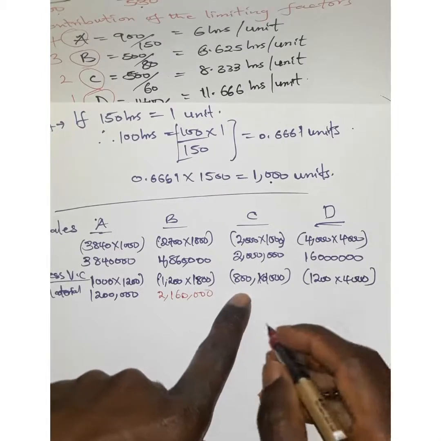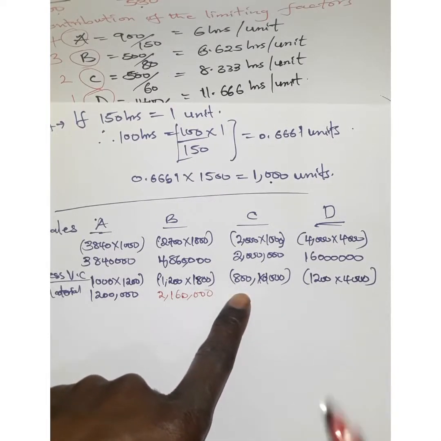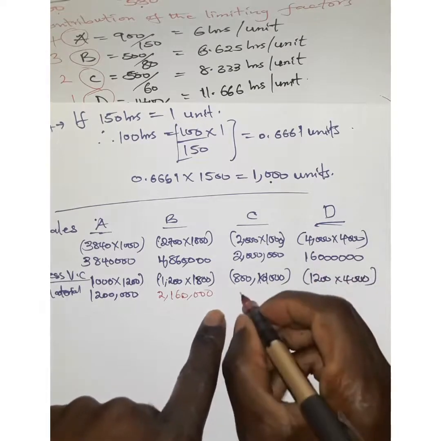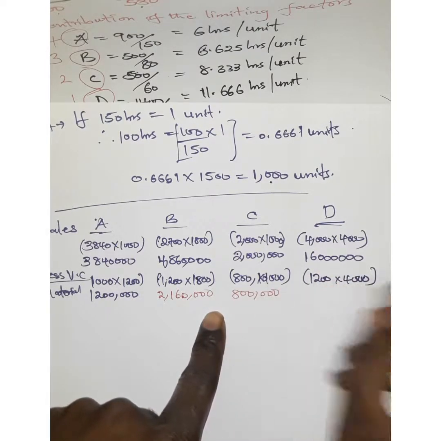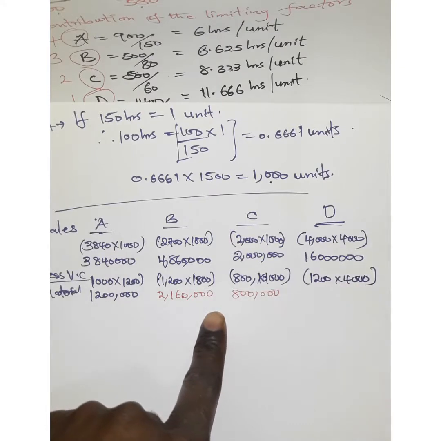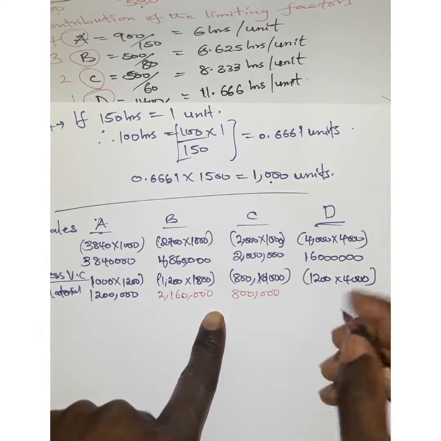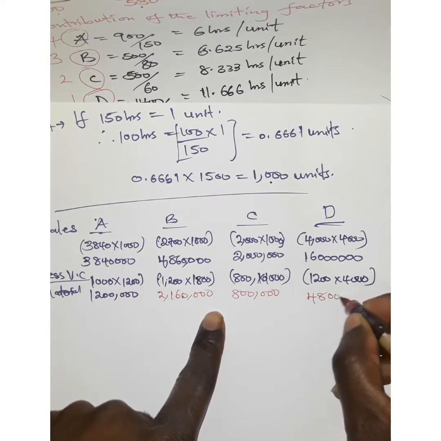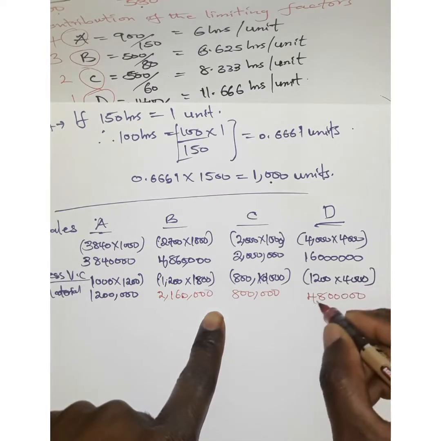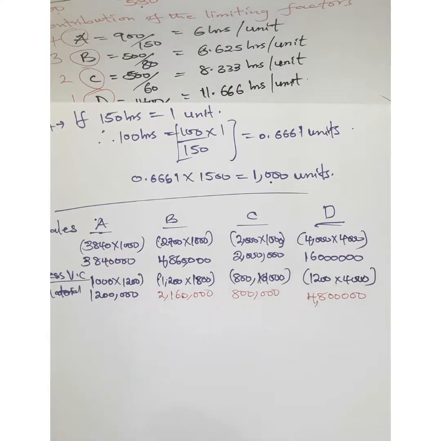Then this one you shall get a value of 800,000. When you multiply these two, you're supposed to get a value of 4.8 million. That is the material.